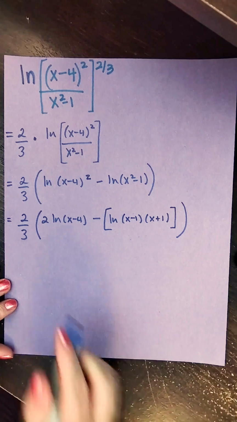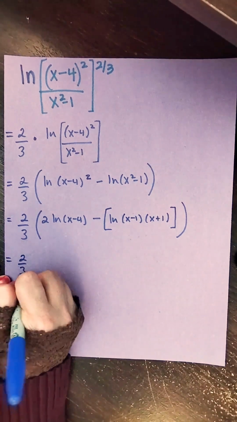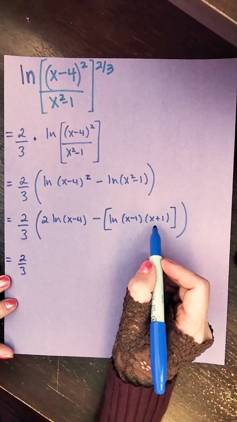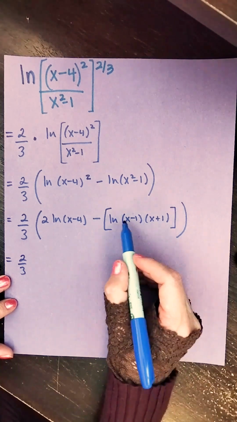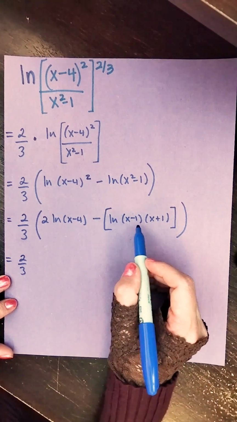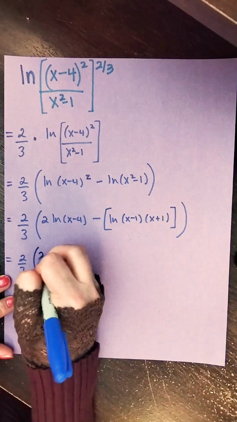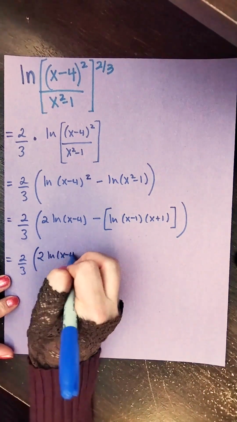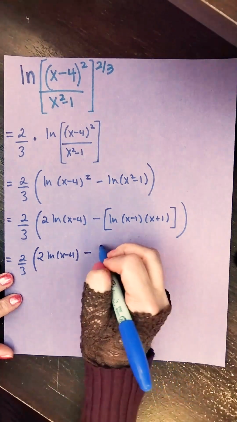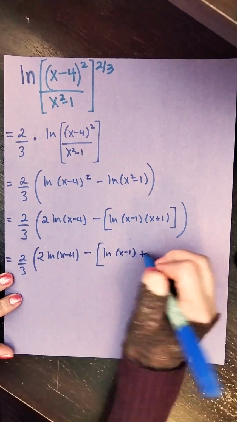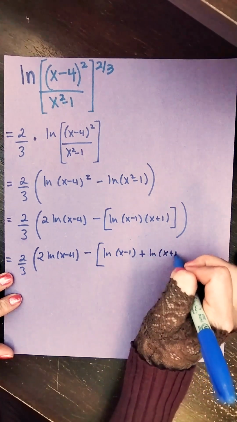Okay, so I continue, and I see this right here, the natural log of a product. When you have the natural log of a product, you can take the natural log of one factor and add it to the natural log of the other factor. So let's write that. So minus, so I have the natural log of x minus 1 plus the natural log of x plus 1.